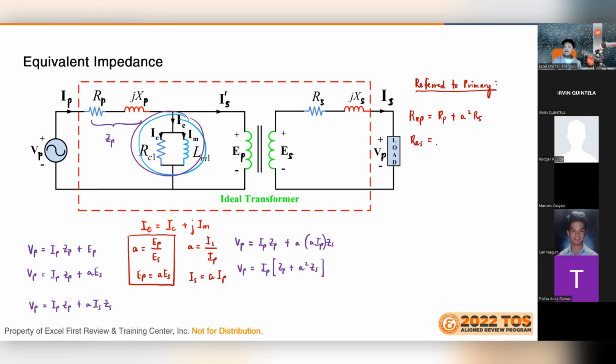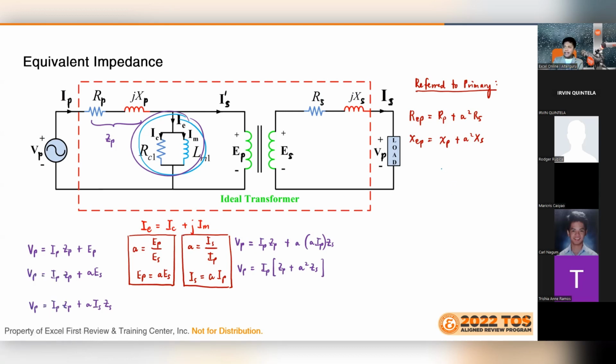Pag RES naman is equal to secondary na yun. Tapos, pag naman XEP, that's XP plus A squared XS. Kasi, pag gumamit na tayo ng transformation ratio sa impedance, hindi na siya simply A lang.